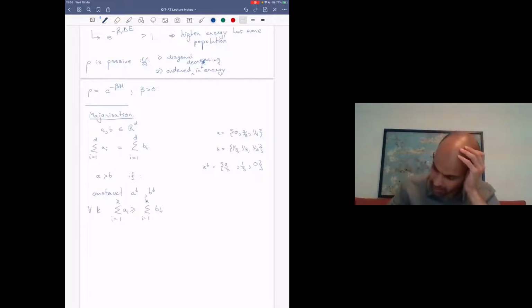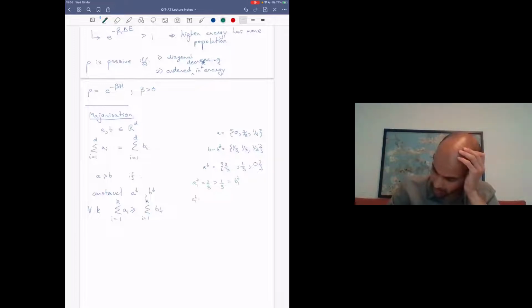So example here, we can compare the two vectors A and B that we have here. This is A, and B ordered is the same as B. And I see that A1 is 2 over 3, which is greater than 1 over 3, which is B1 when ordered.